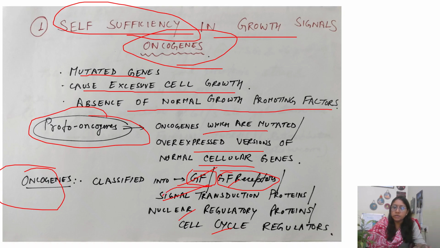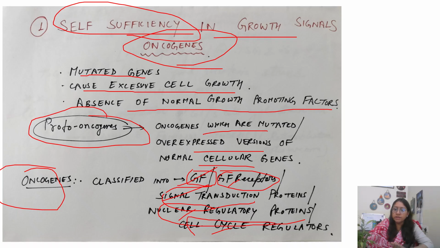Then coming to your third classification, that is signal transduction protein. So this RAS coding hota hai for your GTP binding proteins. So what they do, they are associated with your carcinoma lung, colon, bladder, kidney. Then coming to nuclear regulatory proteins like MYC associated hota hai with Burkitt lymphoma.